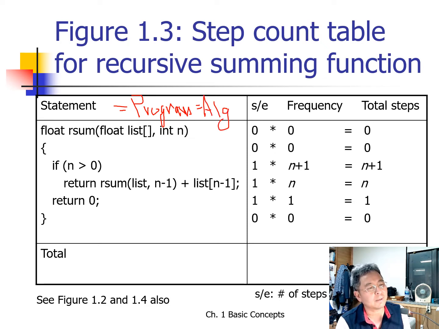Algorithm and program have the same meaning here. This program is implemented using recursive functions, and then we can count the number of executions, the number of lines in the program.